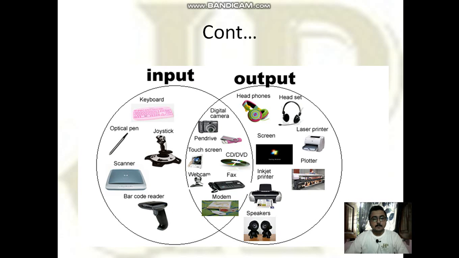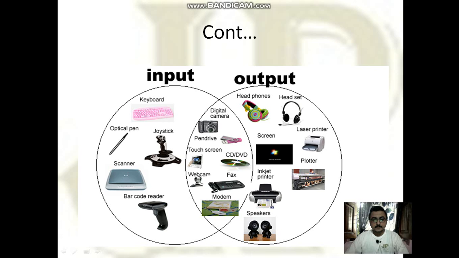These are some examples of input and output devices. Keyboard, joystick, scanner are in the category of input devices, while headphones, laser printer, monitor are in the category of output devices.